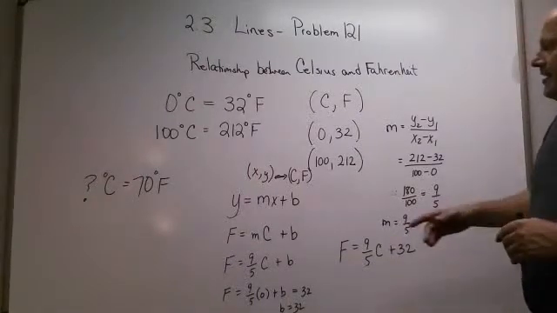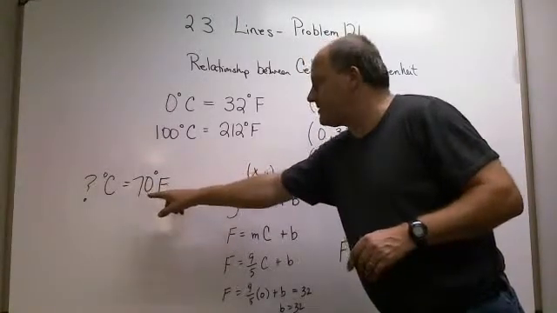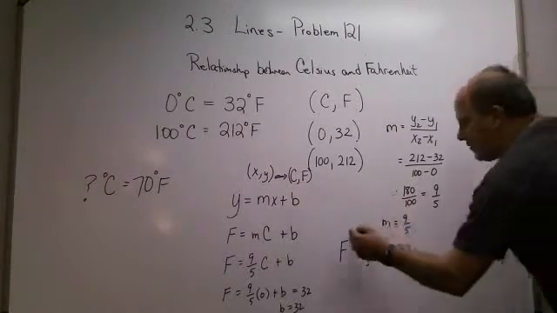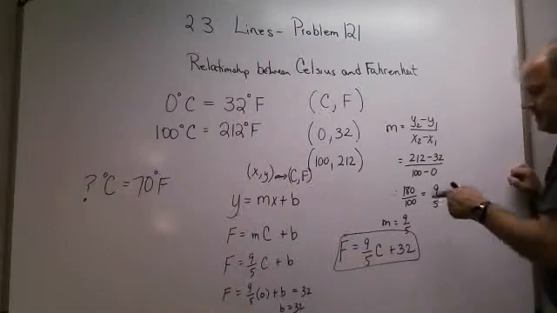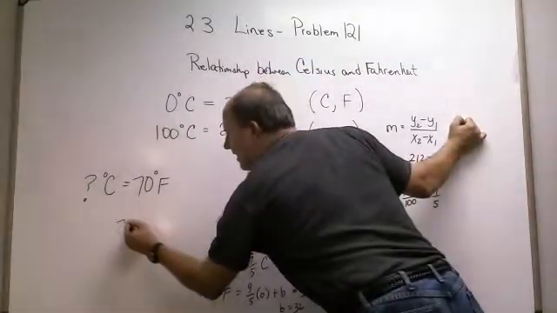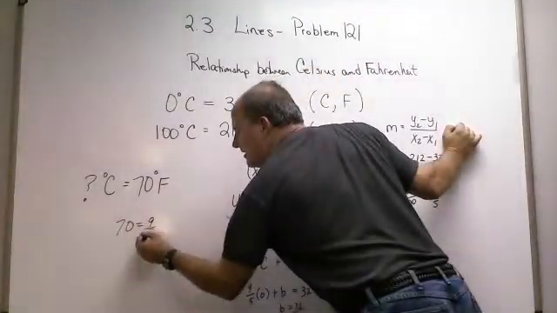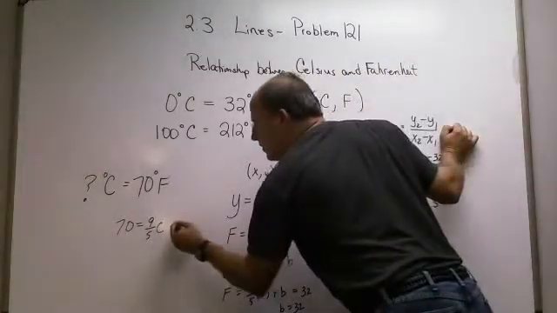Now, like I said, we are also looking for, what if it's 70 degrees Fahrenheit? What is the Celsius temperature? Well, since this is the equation that we're looking for, what we could do is put in 70 for F. So 70 equals 9/5 times C plus 32.